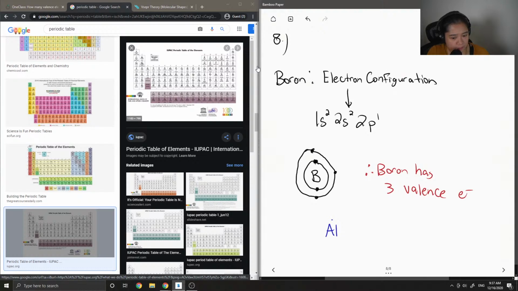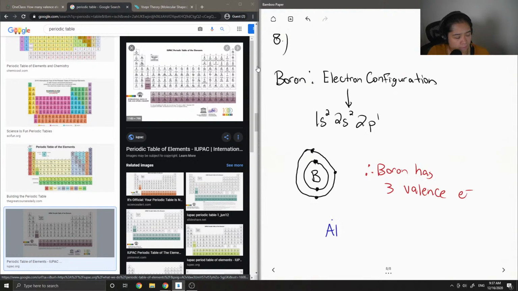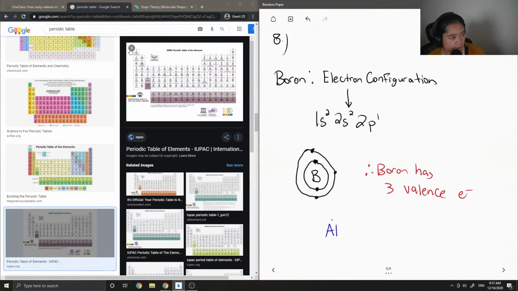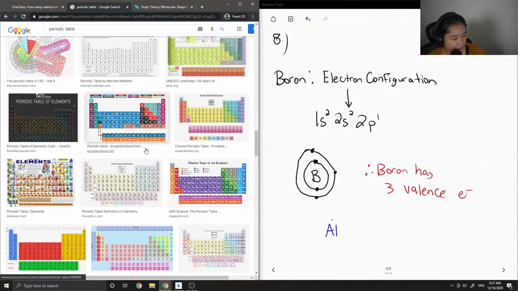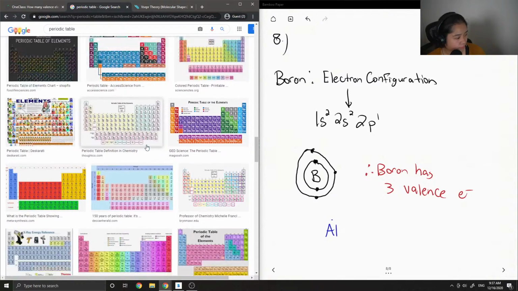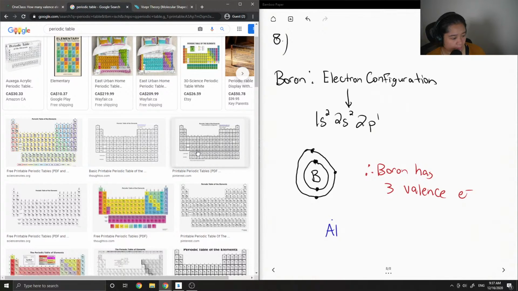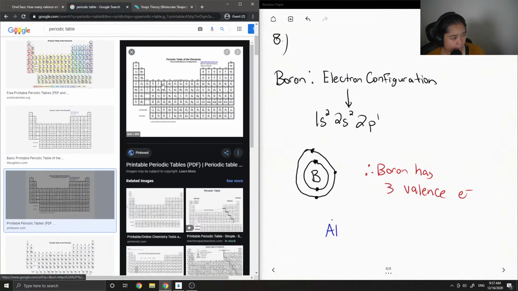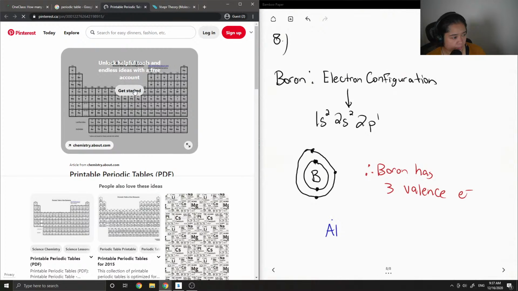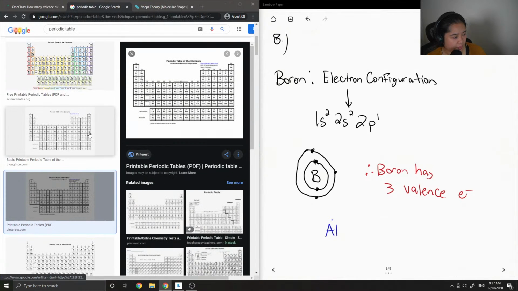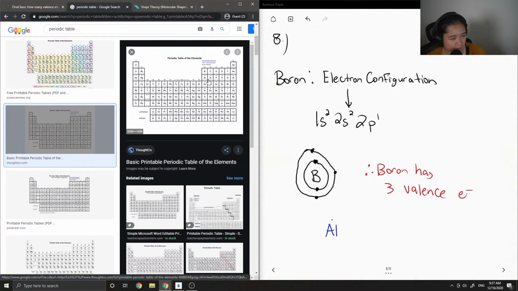It's hard to read. Let me just try to find a more clear one. I'm just trying to see all the atomic numbers of each of these elements. So if you can see here, boron has 5, aluminum has 13.